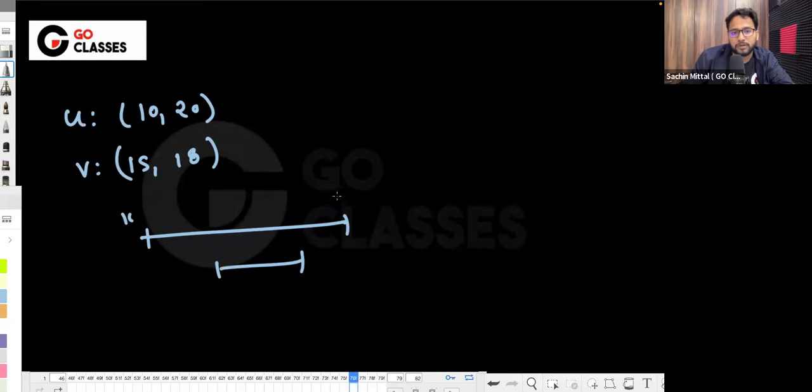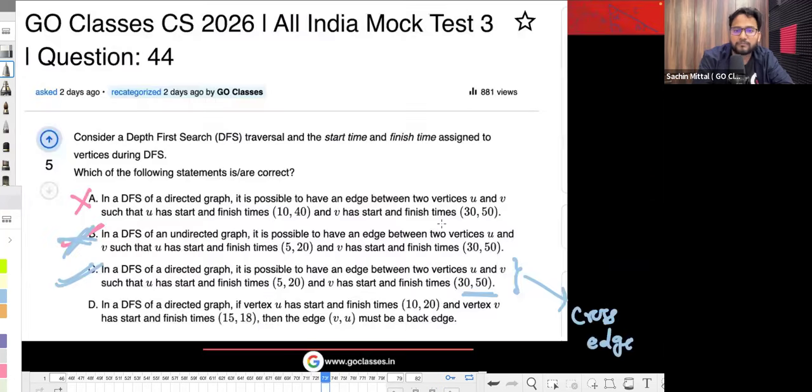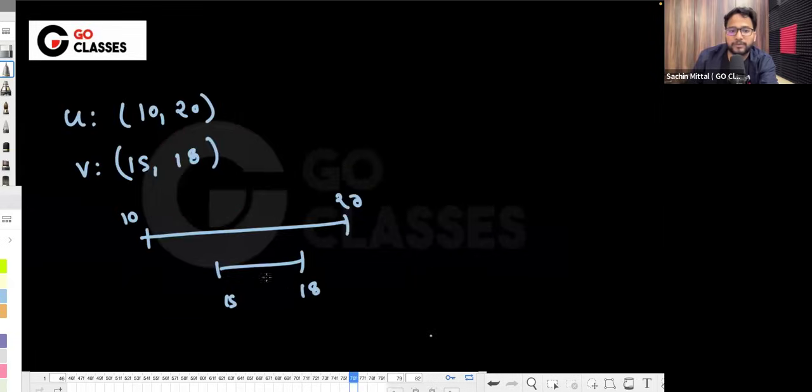Yes, this is definitely possible. But now they are saying something else. They are saying if this is possible in a directed graph, then VU must be a back edge, which means this is U and this is V. In that case, VU must be a back edge.